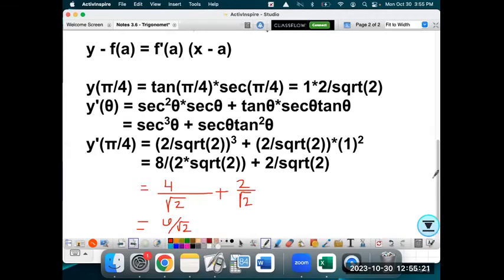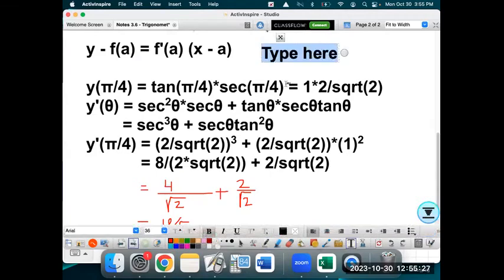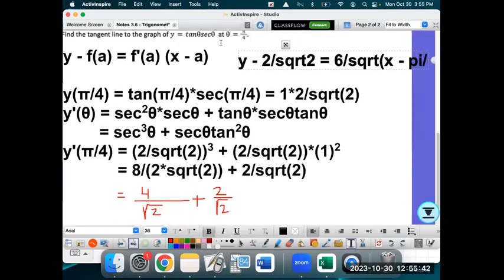Okay, so we can just write our final equation. Y minus 2 over square root 2 equals 6 over square root 2 times x minus pi over 4.